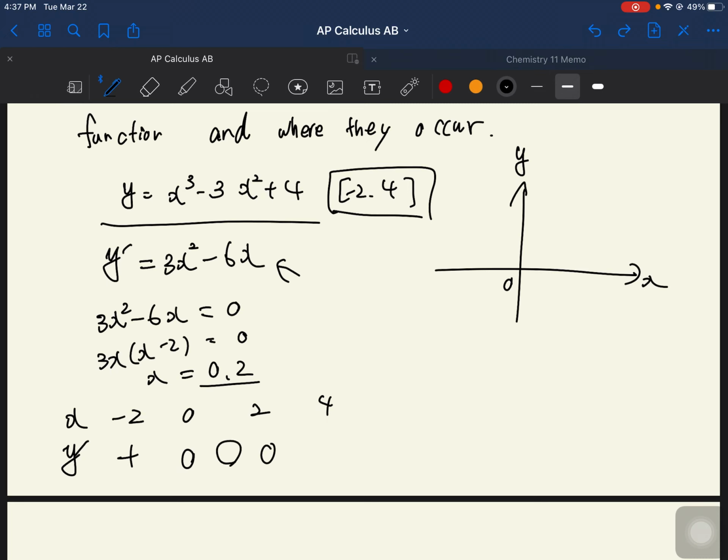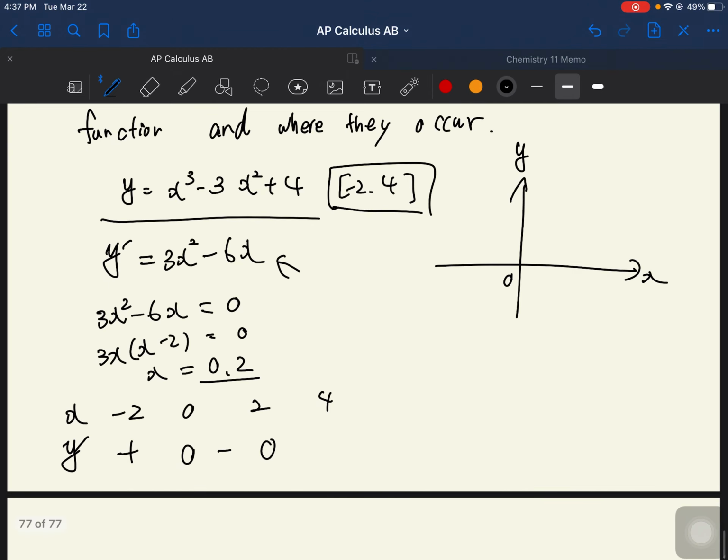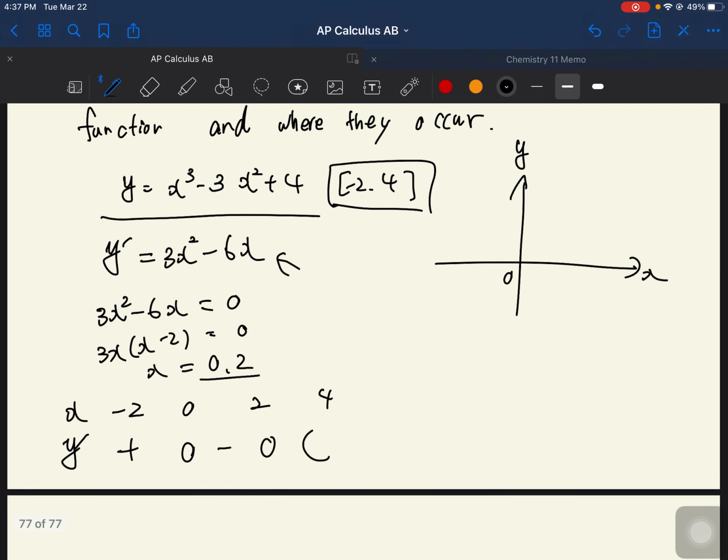And let's find the value here as well. For example, when you plug in 1 into x here, it's going to be 3 - 6, which is negative. So the y prime value over here is negative. And about this one, if you plug in 4 into here, it's going to be 3 times 16, -6 times 4, which is positive. So now you can sketch the graph, kind of, not exactly.